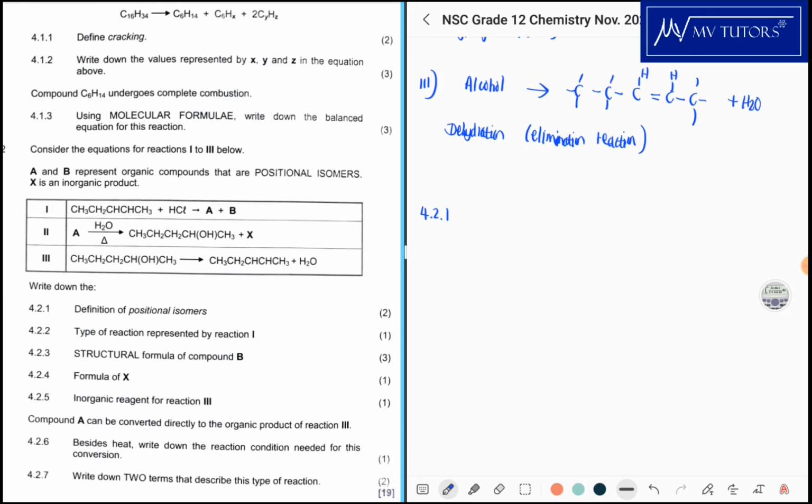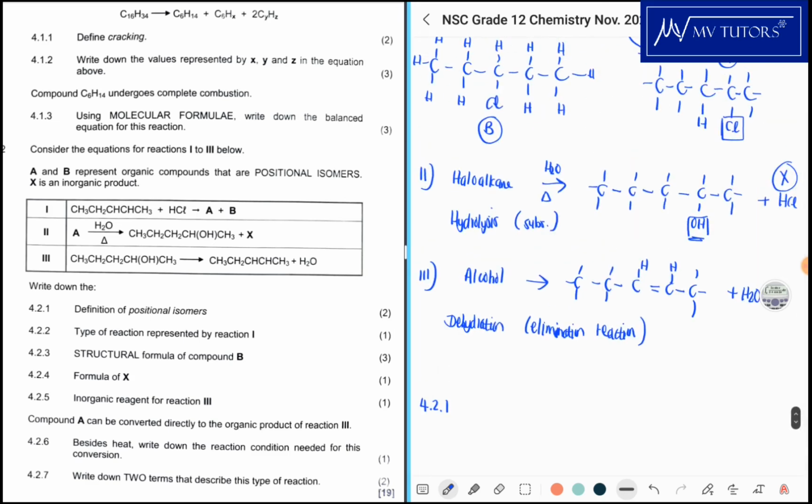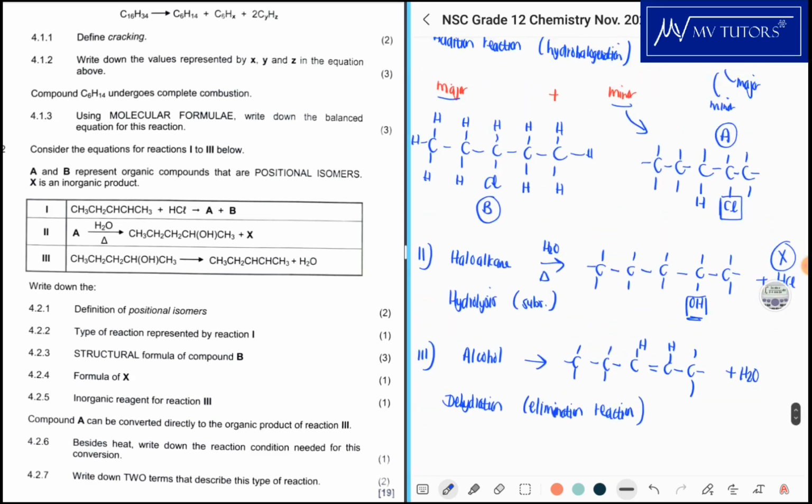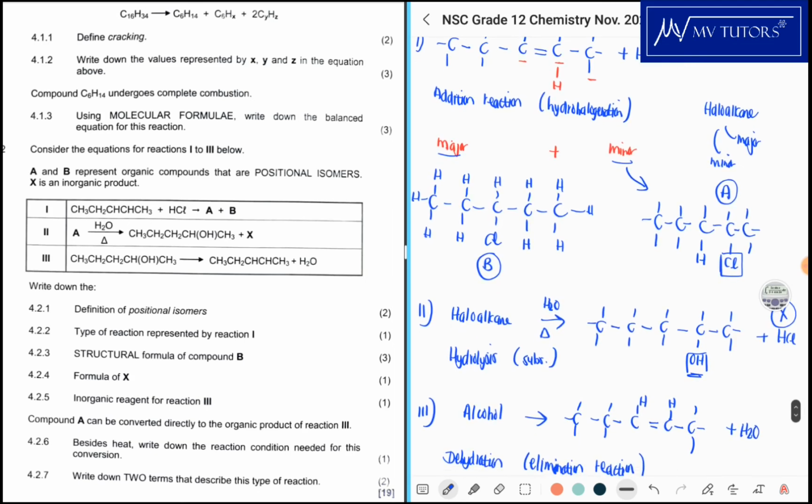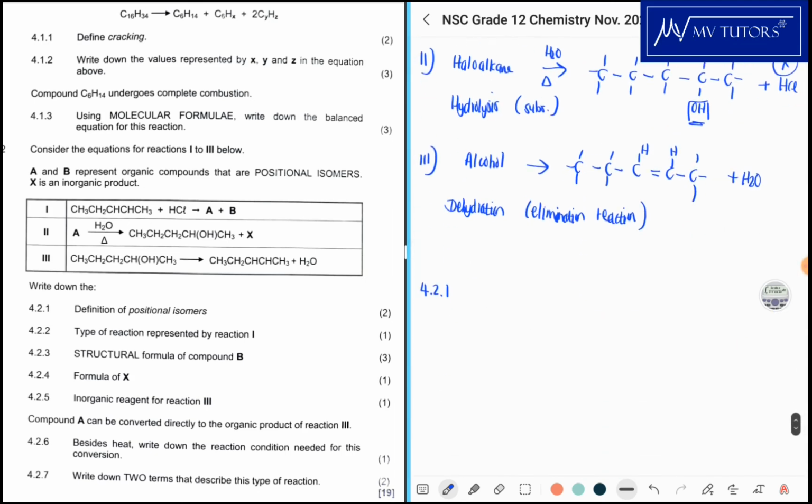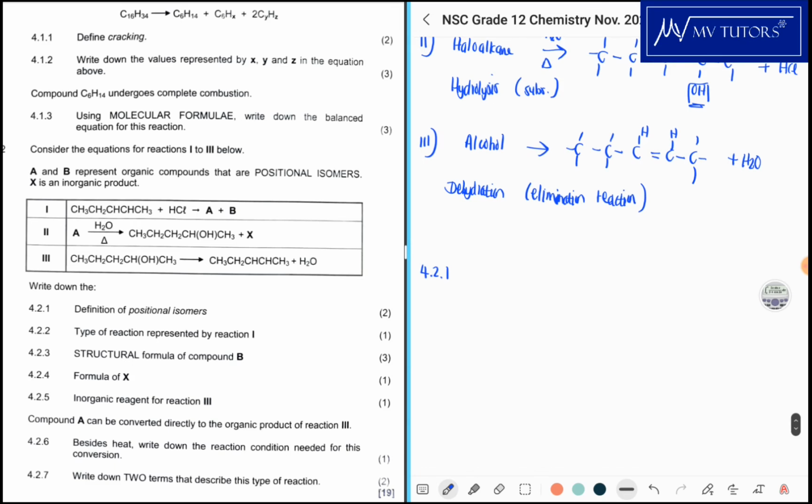We can see where the chlorine is. For your major product, the chlorine was on the 3rd carbon, but for your minor product, it's on the 2nd carbon. So that is the definition of positional isomers.